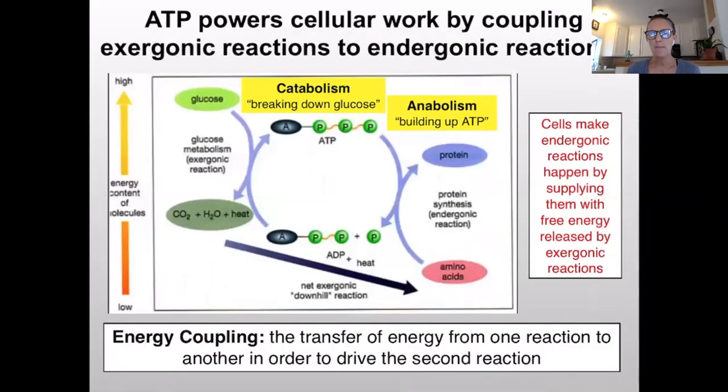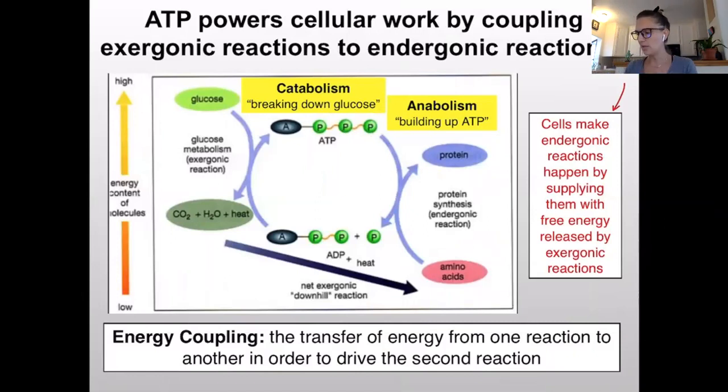So ATP powers cellular work through the coupling of endergonic and exergonic reactions, right? People get really confused on this, and I'm going to try to make it as simple as possible. So I'm going to start over here with the words. Cells make endergonic reactions happen. Remember, those are the ones that require energy.